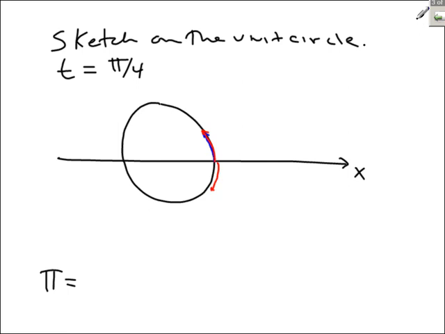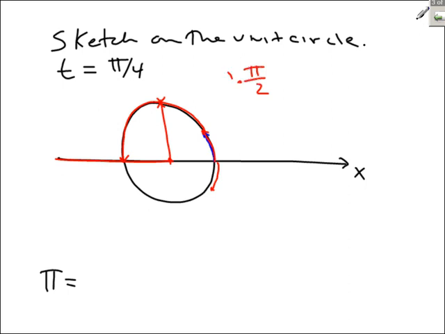So we want to go pi over 4. Well, if you go all the way out to here, then you are at pi radians. If you go halfway, half of pi would be up here.